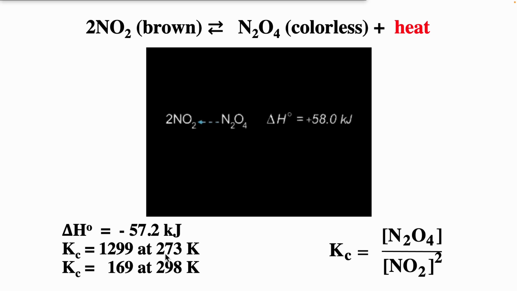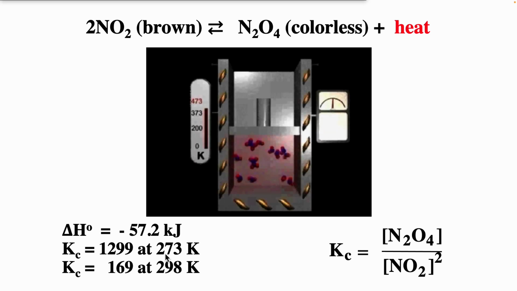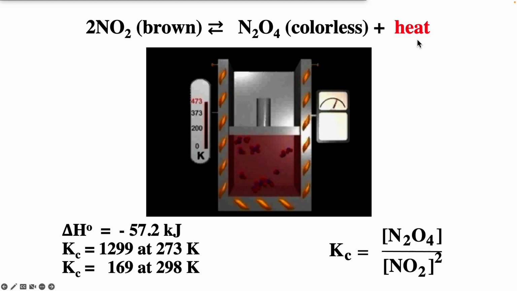Le Chatelier's principle predicts that when the temperature of the equilibrium system is increased at constant volume, the equilibrium will shift in the direction that absorbs heat. This means that more N2O4 molecules will dissociate as the temperature increases. Again, higher temperature will push this reaction to the left, consuming some of that heat.